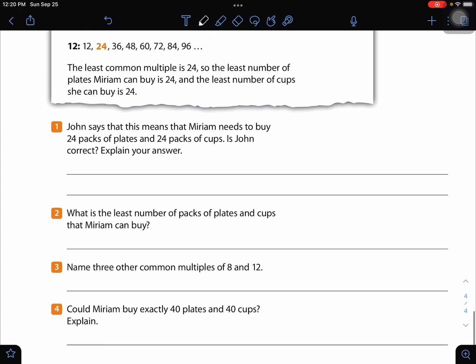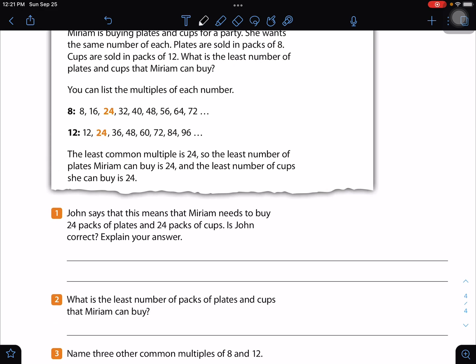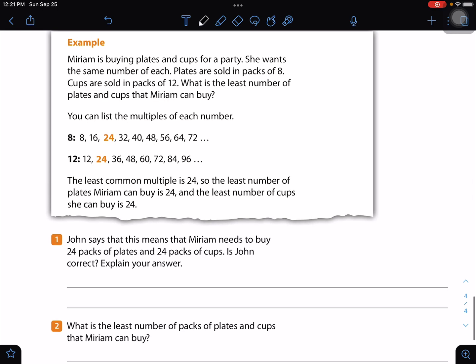So here we go. Number 1, John says that this means that Miriam needs to buy 24 packs of plates and 24 packs of cups. Is John correct? John, that would be a very expensive order, you silly goose. No, because if we look at the 8, the plates are represented by the 8 and the cups are represented by 12.